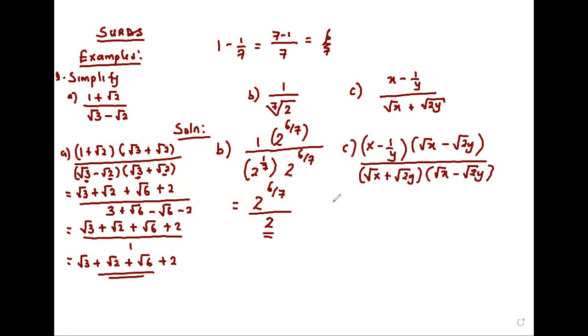And then we'll have x times root x, that will be x root x minus x root 2y minus root x over y plus root 2y over y.